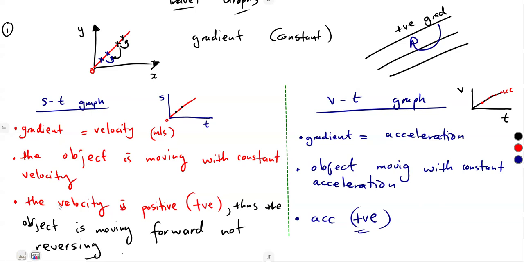Here, we are talking about velocity, from the displacement time graph. The gradient was representing velocity. So we're saying the velocity is positive. Here, acceleration is positive. What is the meaning when the acceleration is positive? It simply tells us that the object is gaining speed. It is gaining velocity, not reducing it. It's not about the object moving forward.